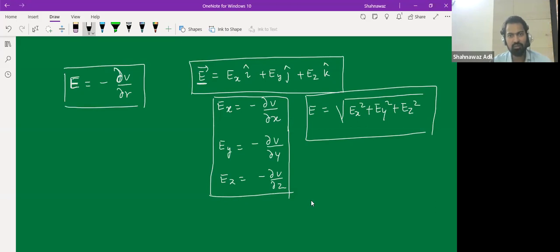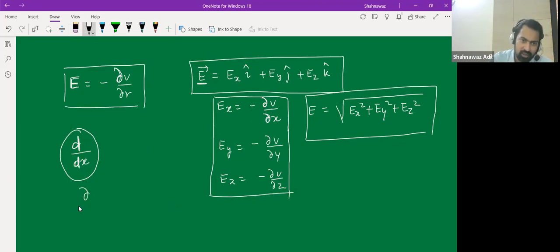Now, just remember that this is not the notation for the complete differentiation, right? Differentiation, we denote it like this. This is how we denote the differentiation. So this is called the complete or full differentiation. But we are writing the differentiation like this.